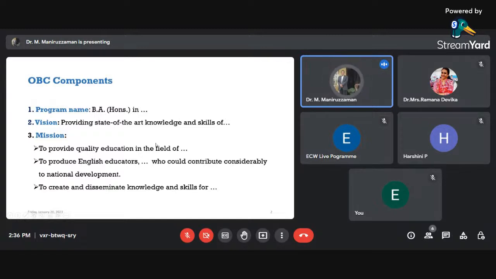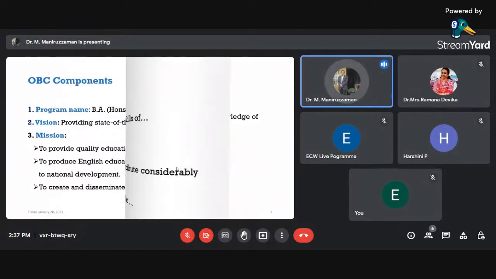I have already shared examples with you. And here I have put some examples: provide quality education in the field of English literature, to produce English educators who could contribute considerably to national development, and to create and disseminate knowledge and skills for English language teachers and students as well.